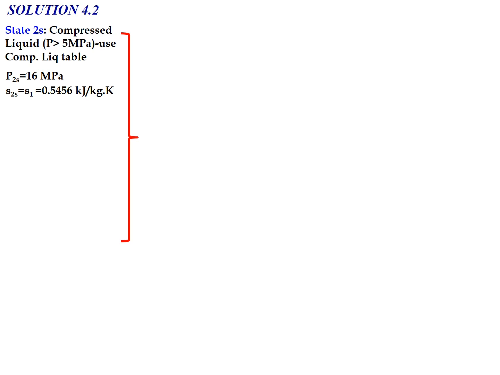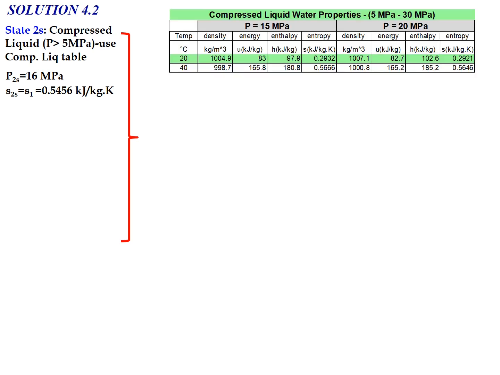And now we already have two data, so we can refer to the compressed liquid table. The table shows the compressed liquid table for pressure of 15 megapascal and also 20 megapascal, and the data of enthalpy, entropy, density, and also internal energy for the temperature of 20 degrees Celsius and also 40 degrees Celsius.